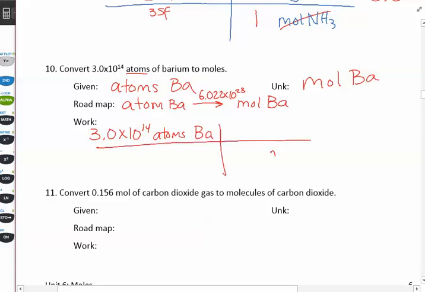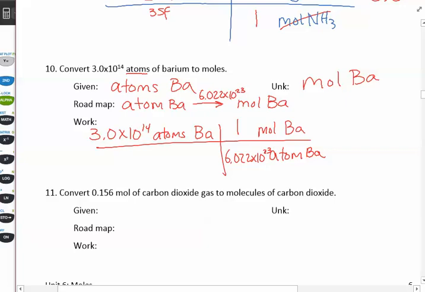So atoms of barium are going to go in the denominator, and moles of barium are going to go in the numerator. Because we're changing units, the mole is going to get 1, and atoms are going to get the Avogadro's number, 6.022 times 10 to the 23rd.